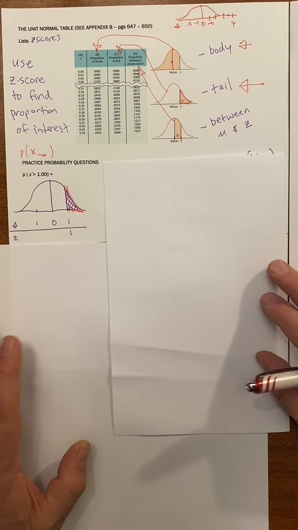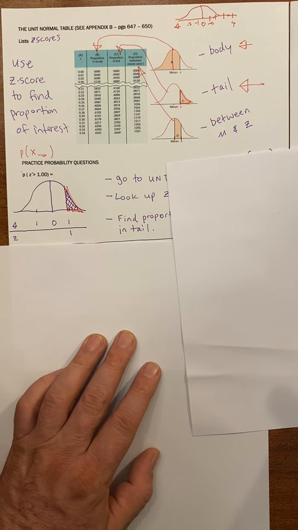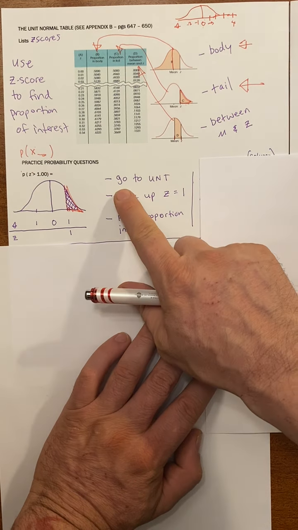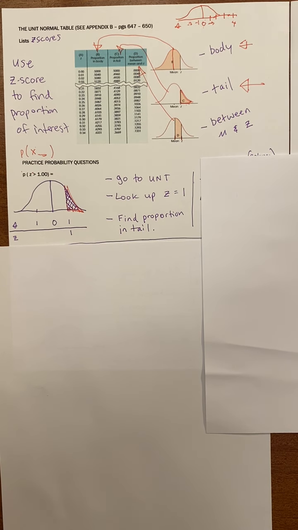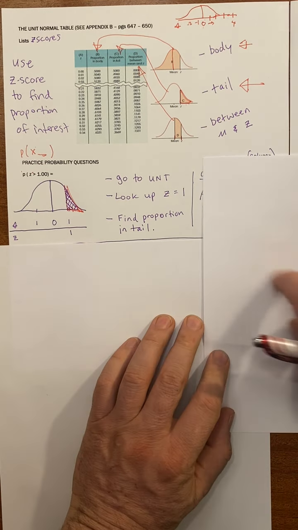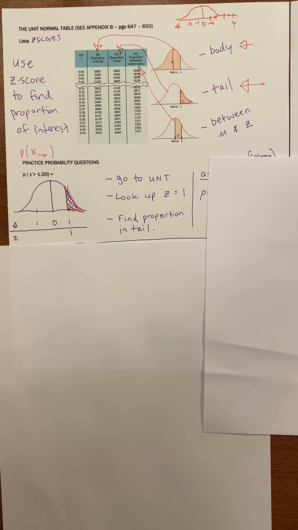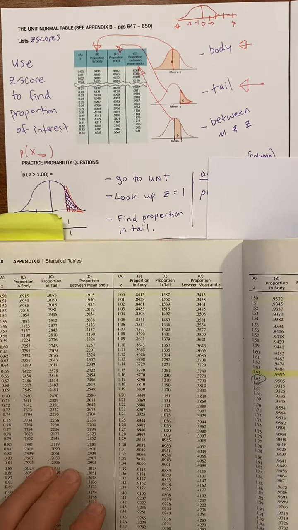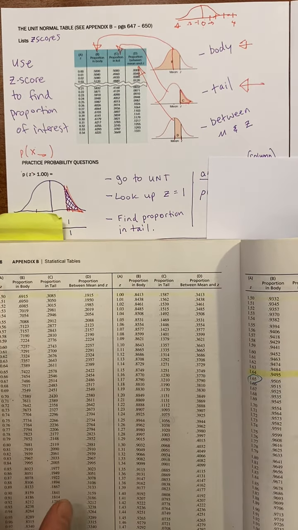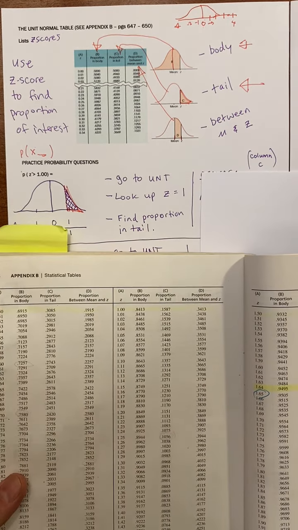Now our job is to go to that unit normal table. When we get there, we're going to look up that z that equals 1. I'm going to find that in my book. I'm seeing that it is right here on page 648.